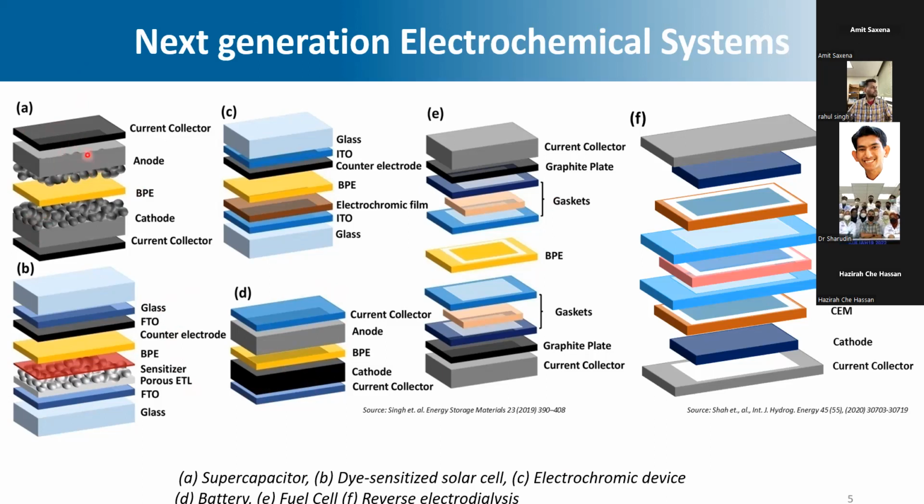In the case of a supercapacitor, there are an anode and a cathode, and through electrochemical reaction they generate some current, which can be drawn from the current collector. Many people have been working here. Maybe some of you viewers have also been working on such type of system.